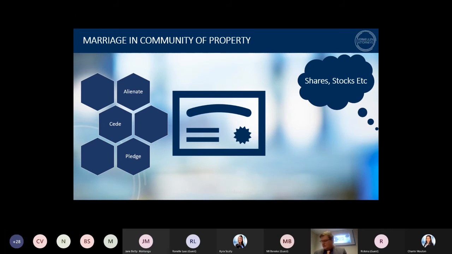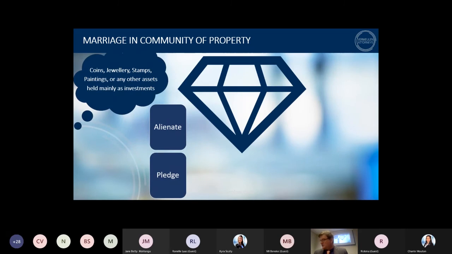Right. Then we talk about the obvious ones, the emotional ones, coins, jewelry, stamps, paintings, or any other assets held mainly as investments. The number of times I've heard, "hy sal oor my dooie liggaam die vader klaar hout kry," or "ek sal vuisslaan vir my potjie," or "I will kill you if you take my ring that I got from so and so."